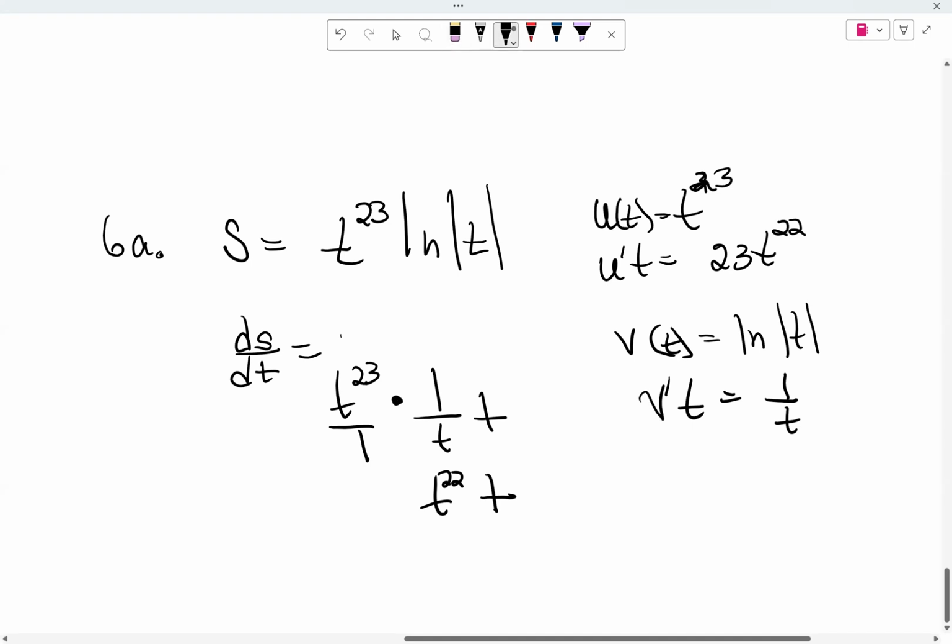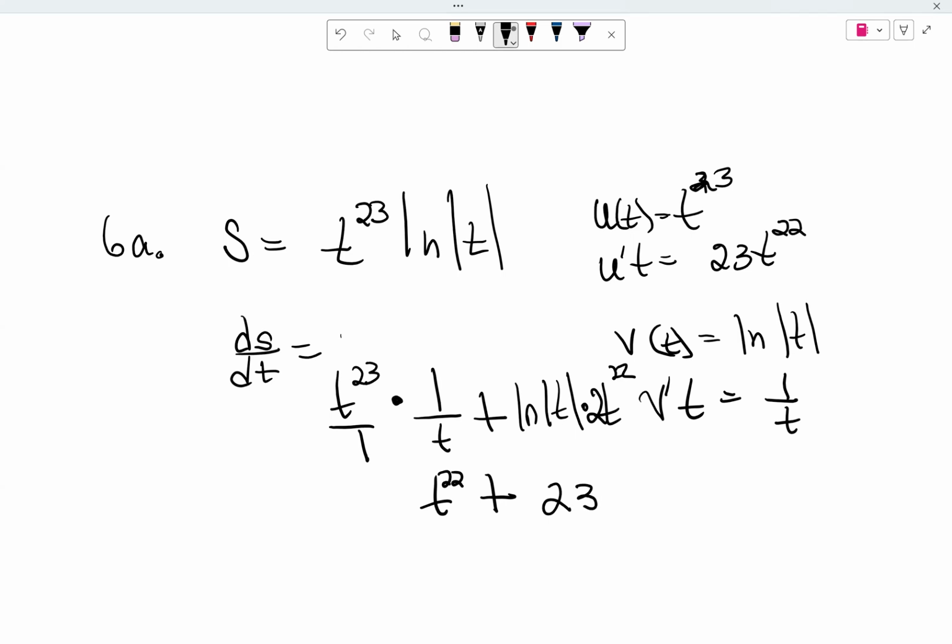When we add this, this becomes our natural log of T, and this is times our 23 T to the 22nd. So your answer here will be 23 T to the 22nd times the natural log of T. So you are correct here, but you need to remember there's more to this formula.